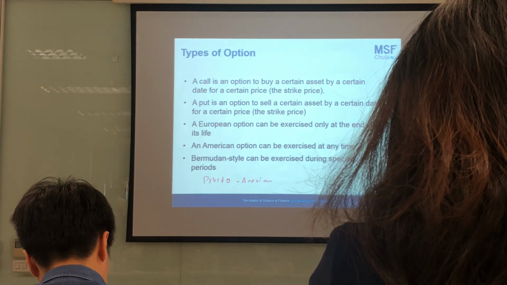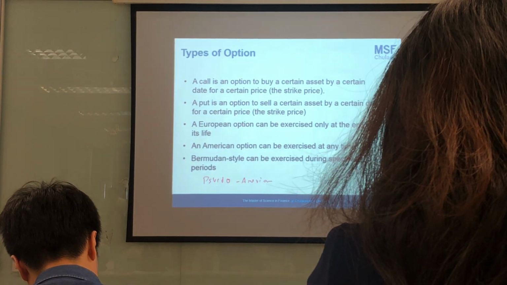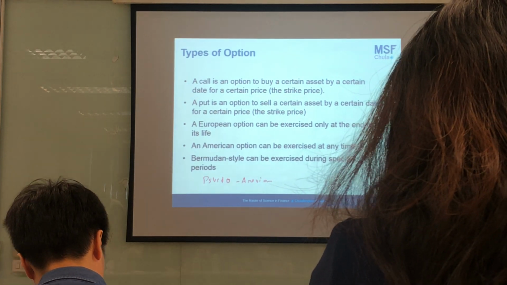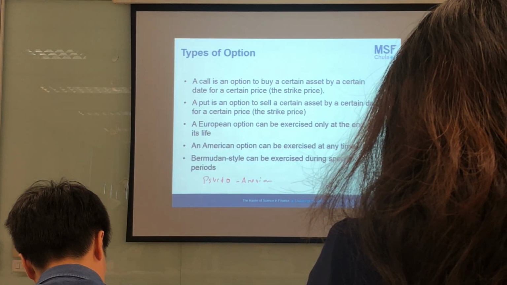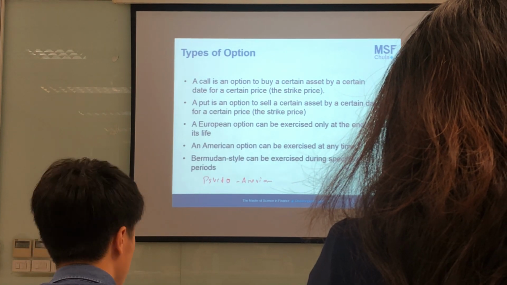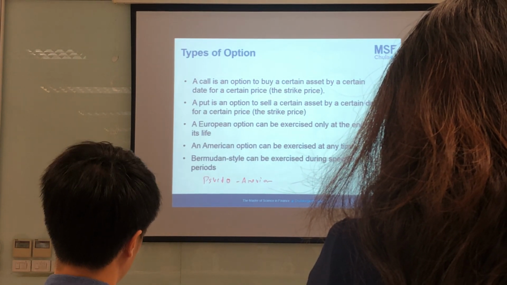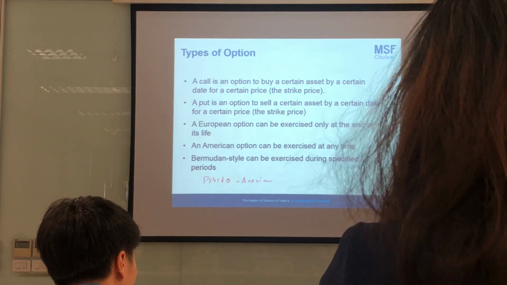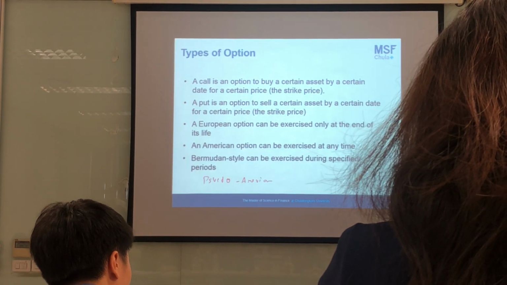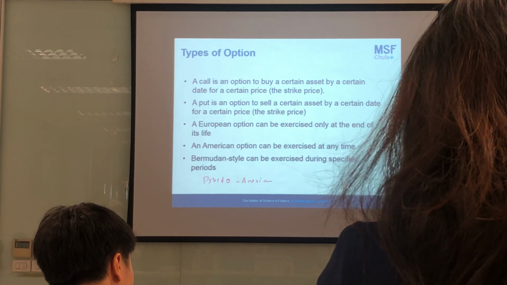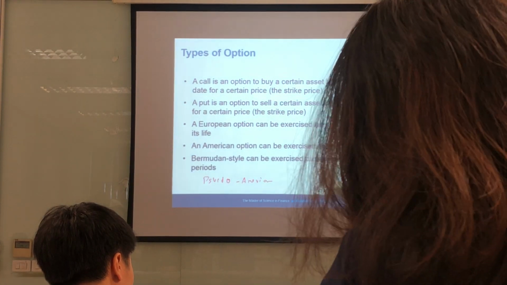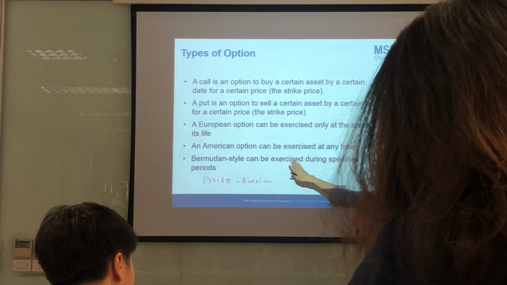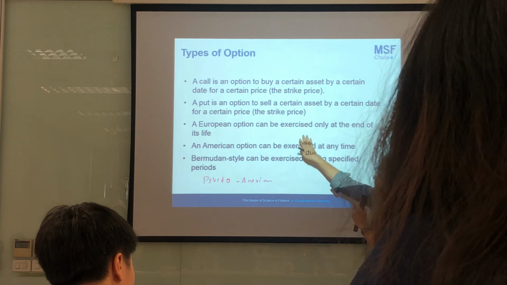For example, for a warrant, each year the company that issues it specifies the period in which you can exercise, that is, buy the stock, maybe 1 week per year, or maybe 2 weeks, or maybe more frequently. So this is the Bermudan style option, in between American and European.